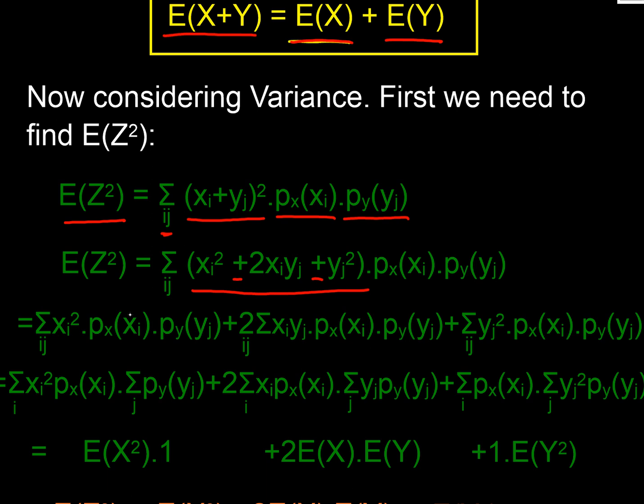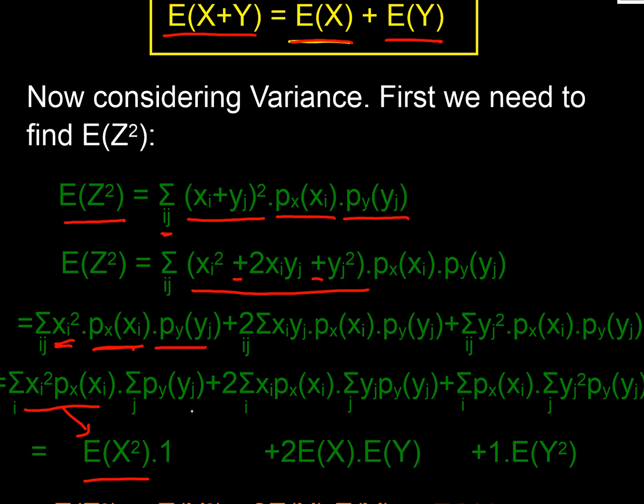So our first term here is our xi squared times the probability of xi times the probability of yj. If we have a quick look at that, we can again split that into 2 sums. One over the i's, xi squared and the probability of xi, which of course we know to be the expectation of x squared.